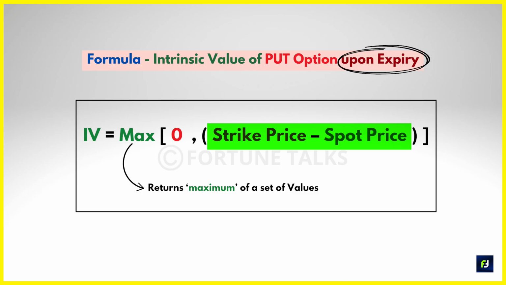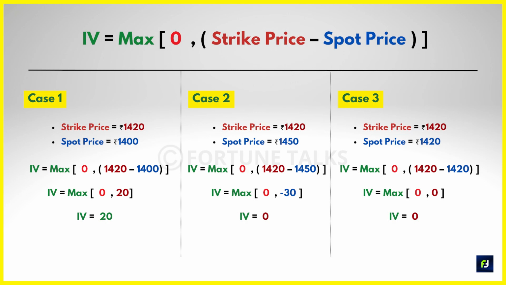However, the calculation of the intrinsic value of an option is different during the series. We will understand this difference as we move forward in this video. Anyways, the intrinsic value of our 1420 put option for different spot prices like 1400, 1450 and 1420 upon expiry will turn out to be 20, 0 and 0 respectively.